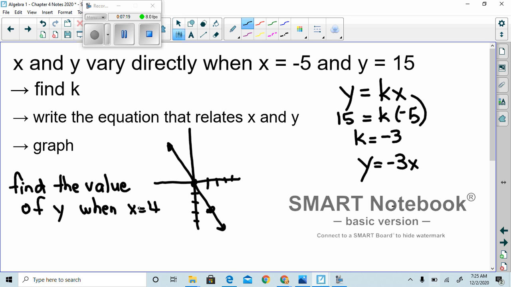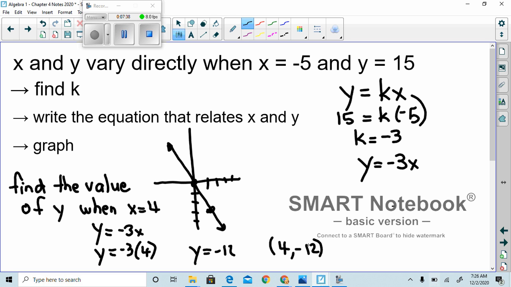So we're going to take my model, y is equal to -3 times x, replace x with 4, and I'll find out that when I input 4, my output is -12. Gives me another reference point on my graph.